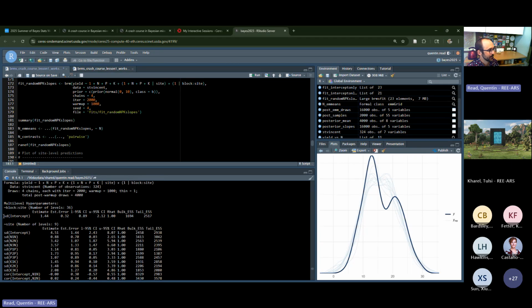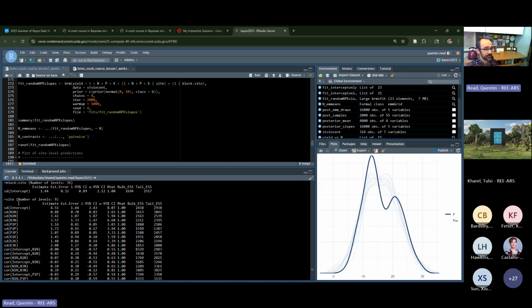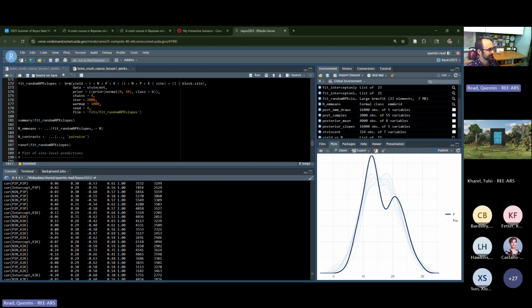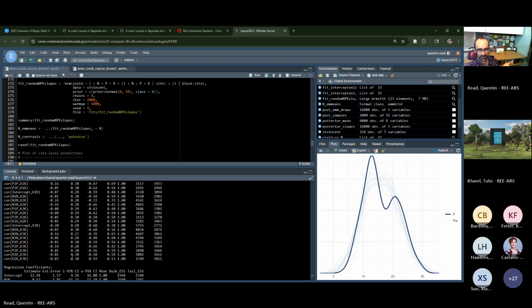For block, we still just have the standard deviation of the intercept, but for site, we have a lot of parameters because each of those many levels has its own random slope by site, and there's also covariance between the intercepts and each pair of slopes. So you can see that it's a very complex model with a lot of parameters.